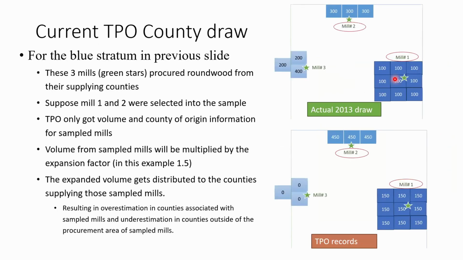For the blue stratum, in the previous slide, these 3 mills, 1, 2, 3, procure roundwood from their supplying counties. Suppose mill 1 and mill 2 were randomly selected into the sample. TPO gets volume and county information from the selected mills' volume, then multiplies it by the expansion factors, resulting in overestimation in the counties associated with the selected sample mills and underestimation in the counties supplying non-selected mills.